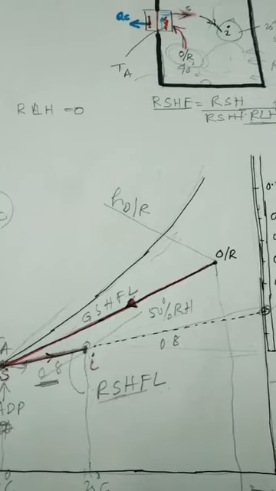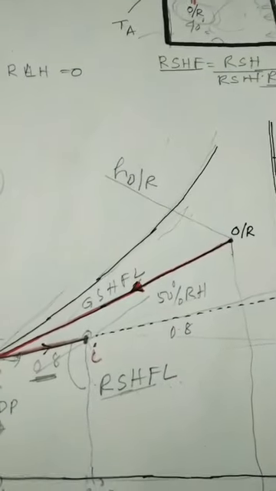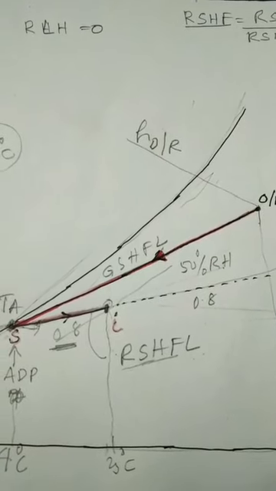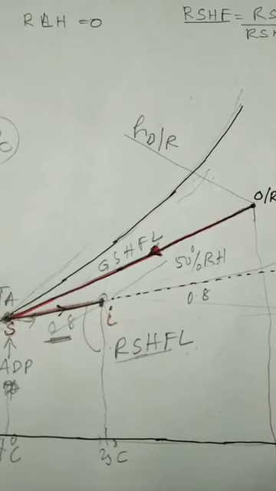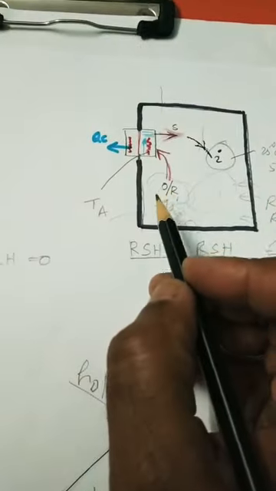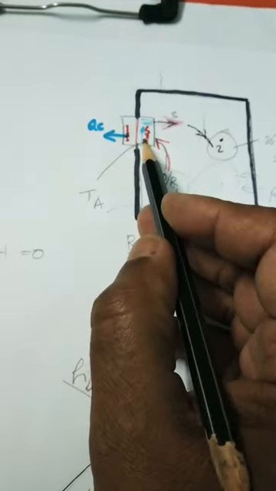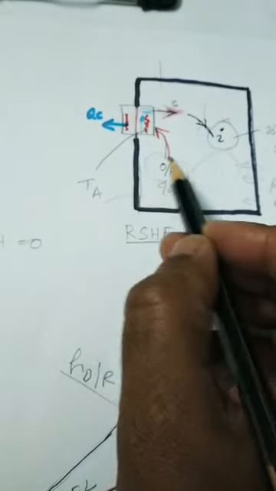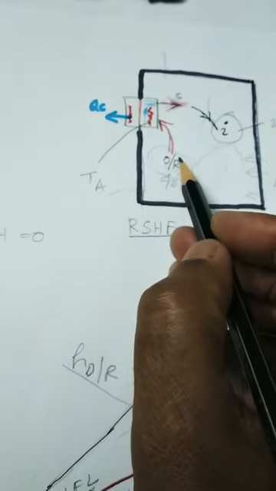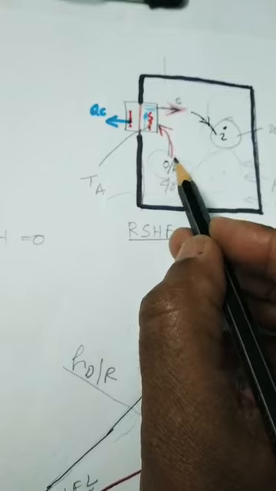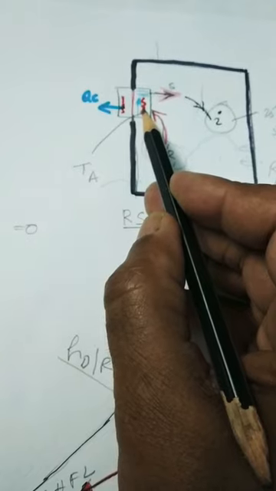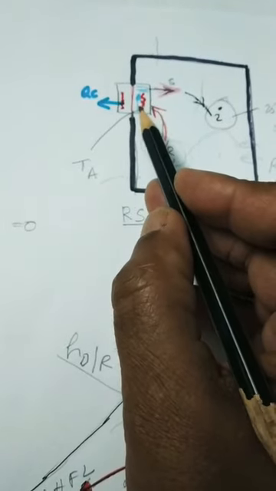So let me define two lines. Grand sensible heat factor line is the line in which air which goes through the cooling coil converts itself from any condition towards the cooling coil condition. Air of any condition passes and converts itself towards the coil condition.